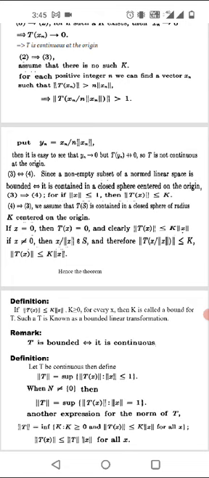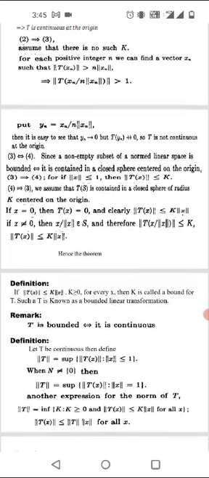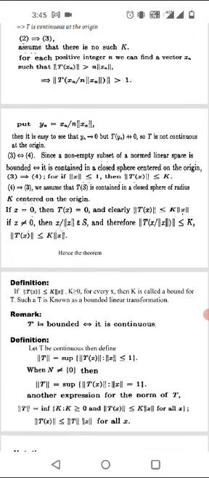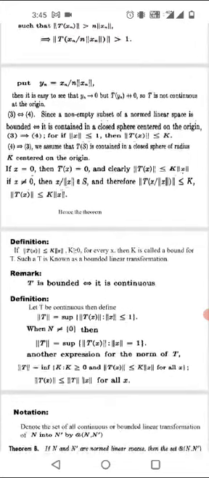Now 4 implies 3. We assume that T of S is bounded in the normed linear space with the closed sphere, where k is any real number.